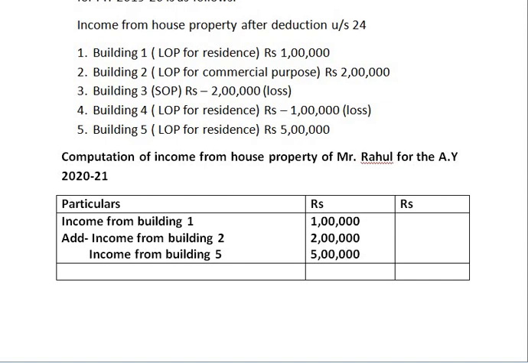What is the total that we get? Is rupees 8 lakh. 5 plus 2 plus 1 is 8 lakh. Total income from house property from building 1, 2 and 5.